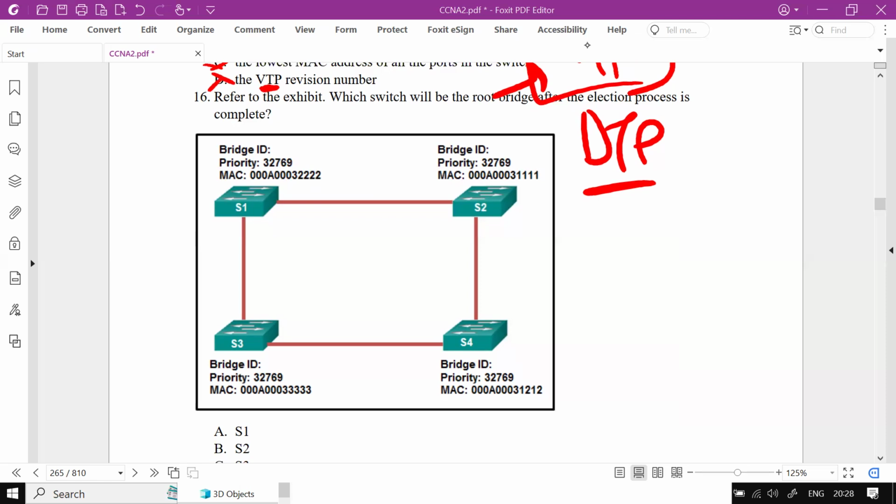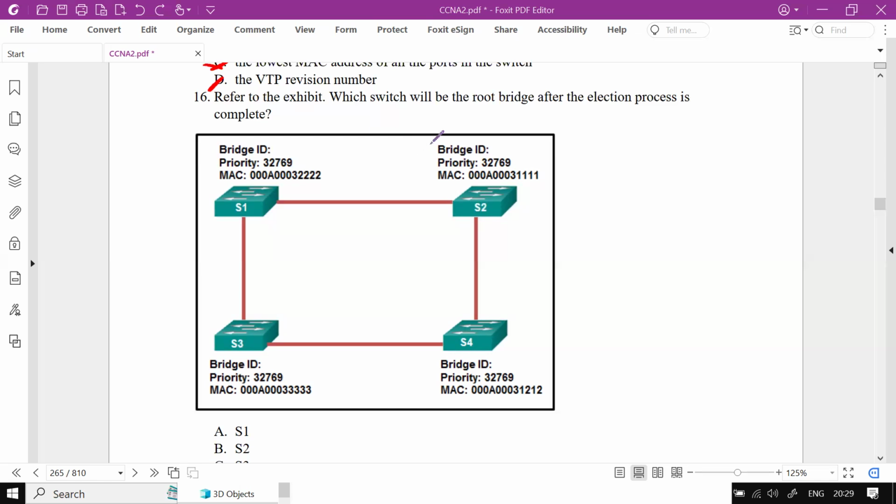Refer to the exhibit. Which switch will be the root bridge after the election process? The election process here uses the priority first, the lowest becomes the root bridge. My priorities here are the same at 32769.